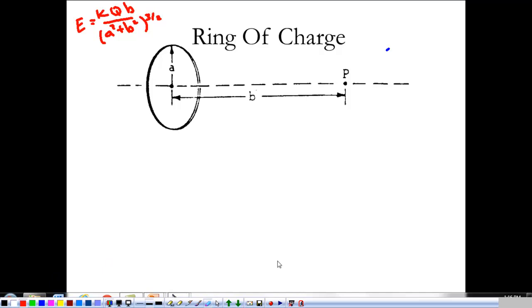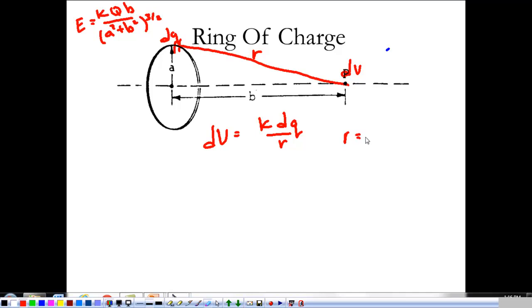Looking at the potential, we know that from one little piece, I'm going to have a dV here. I don't have to worry about anything like substitution. All it really depends on is how much charge I have, which is dq, over r, how far away I am. So getting our potential, dV is going to be equal to k dq over r, where we know that r is equal to root a squared plus b squared.